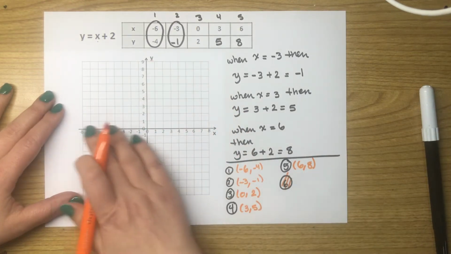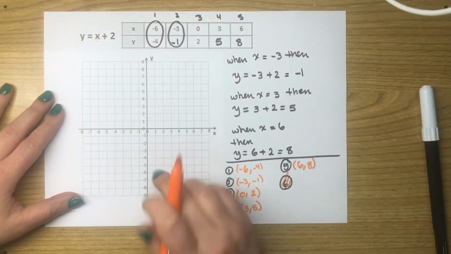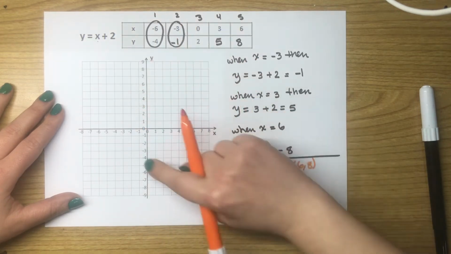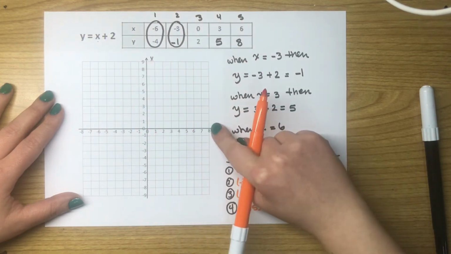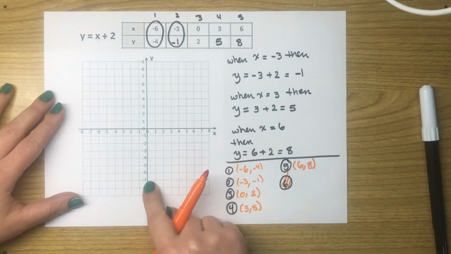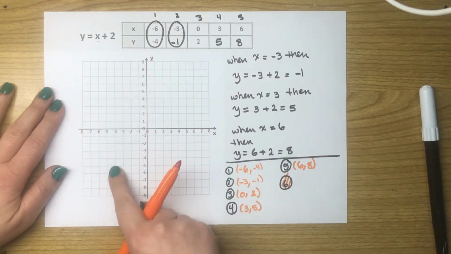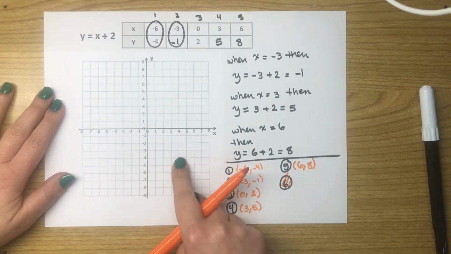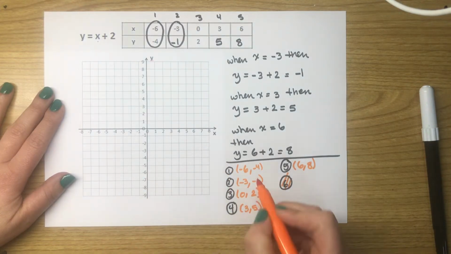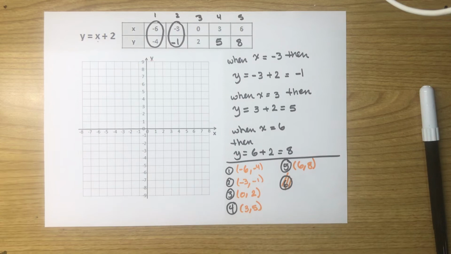This is the x-axis, y-axis, positive, negative, positive, negative. Remember, first quadrant, second quadrant, third quadrant, and fourth quadrant. Okay, the first point is negative 6 for x's and negative 4 for the y.